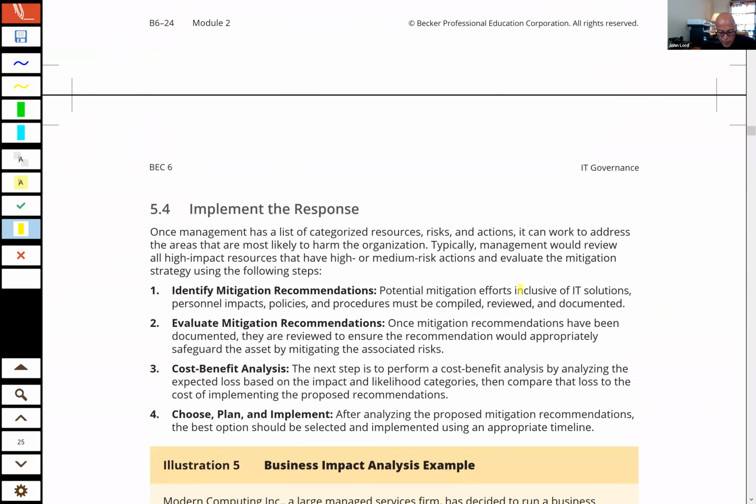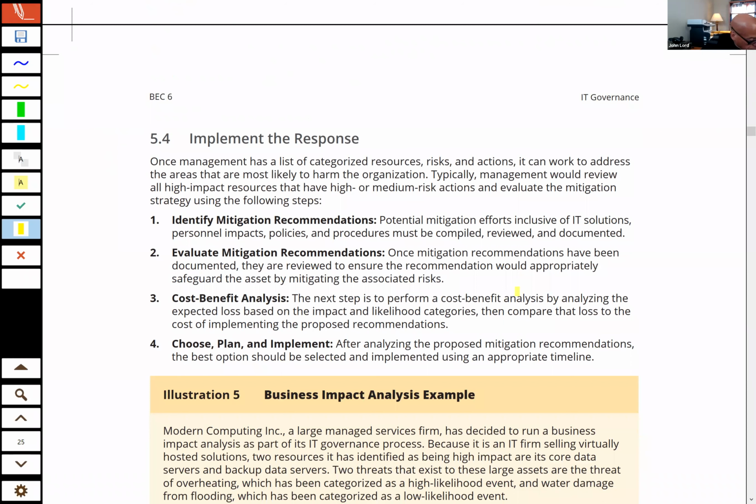Okay. Then you want to go ahead and implement the response. Okay, so how do we implement the response? Identify a mitigation recommendation, evaluate the mitigation recommendation, do a cost benefit analysis, and then implement the disaster recovery plan.